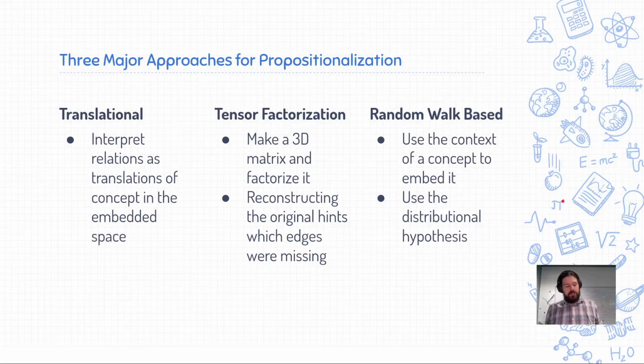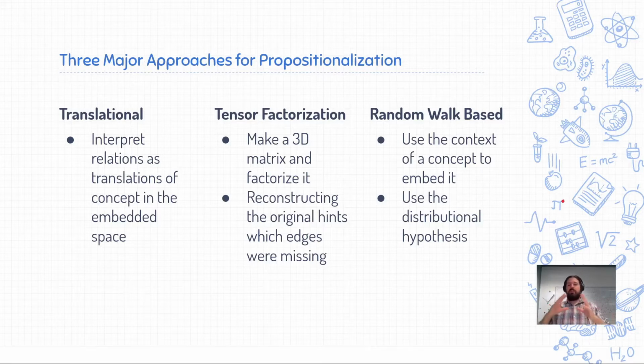It means that any relation which exists in the knowledge graph is directly mapped to what should happen in the embedded space. If you have a certain relation in the graph, we want to have the same relation happening inside the embedded space. The second group of methods are based on tensor factorization.